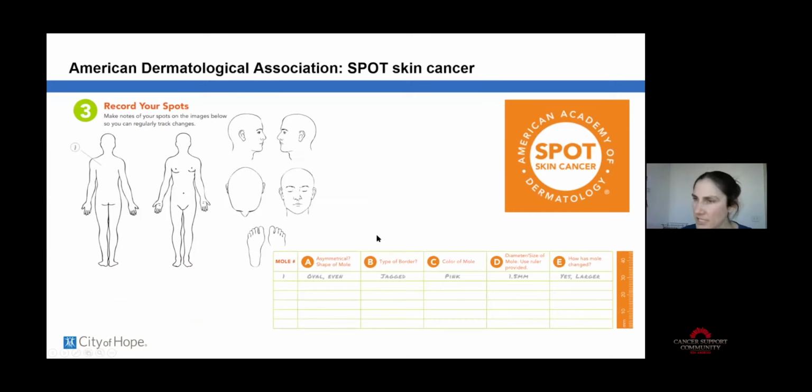And then if you notice any spots, they provide a chart to write those down and note the size and the color, and you can mark on the body where they were, so that you can keep track of them. And if anything was changing over time, again, go in to see your doctor. Or if you just had one that you were particularly suspicious of, not sure, again, very reasonable to go have it checked out.